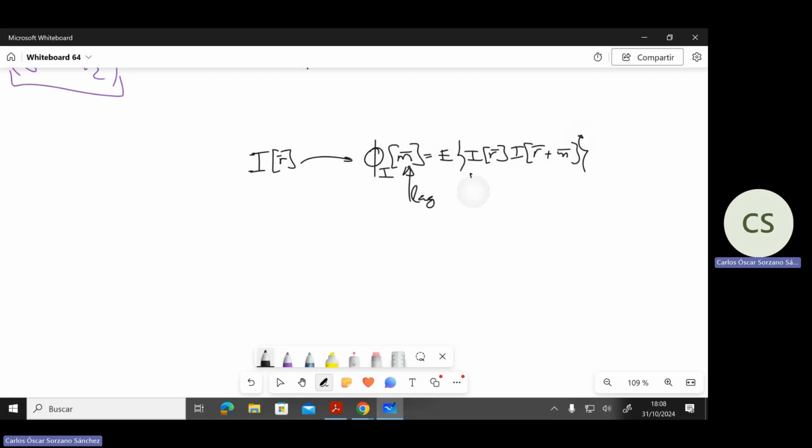And now we look at the Fourier transform of this one. So the power spectrum of I at a given frequency is the Fourier transform of the autocorrelation function.